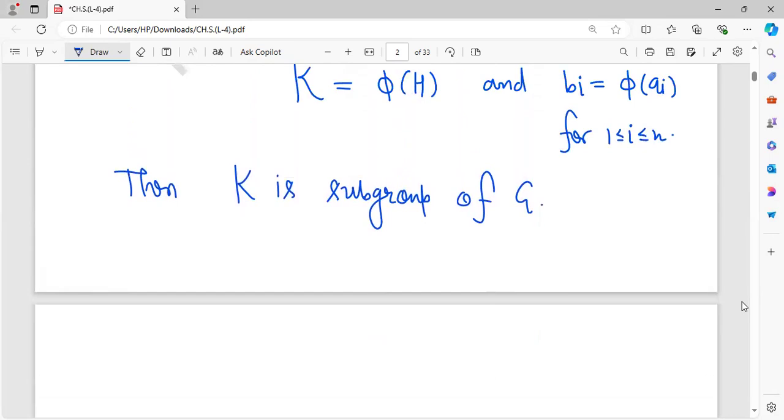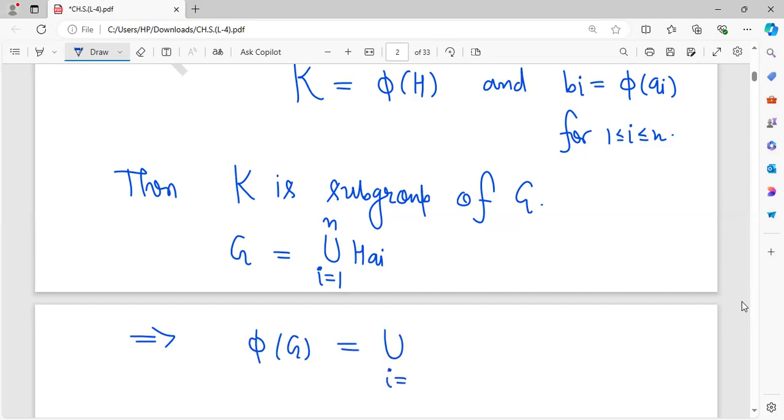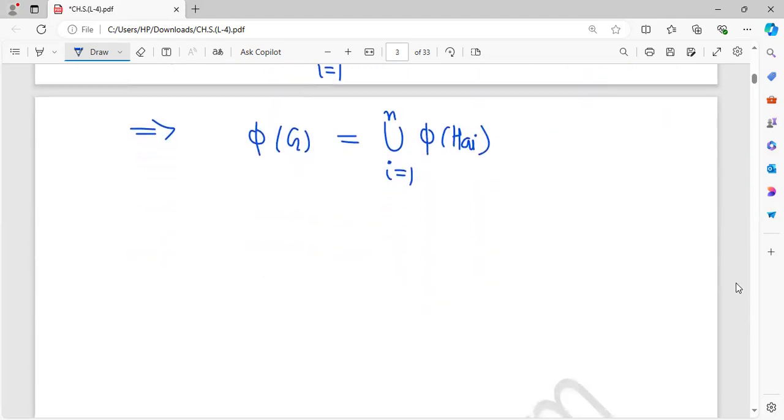Now G is equal to the union over i from 1 to n of Hai. So this implies phi(G) is equal to the union over i from 1 to n of phi(Hai).